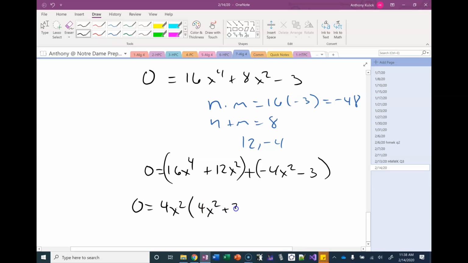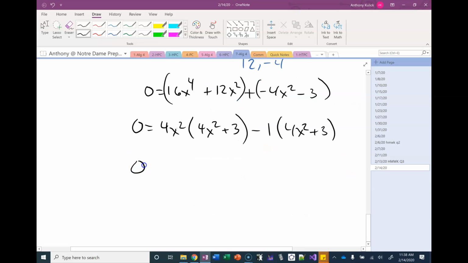Leaving me with 4x squared plus 3. From the second group, I can take out a negative 1, leaving me with 4x squared plus 3. Since each term contains a factor of 4x squared plus 3, I can factor that off. And the leftovers then would be 4x squared minus 1.